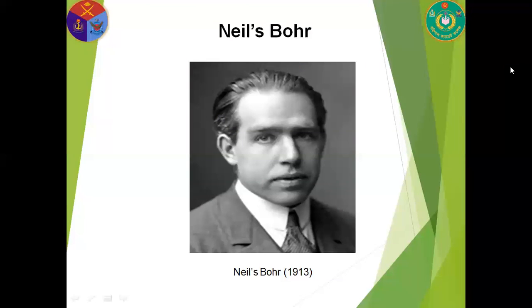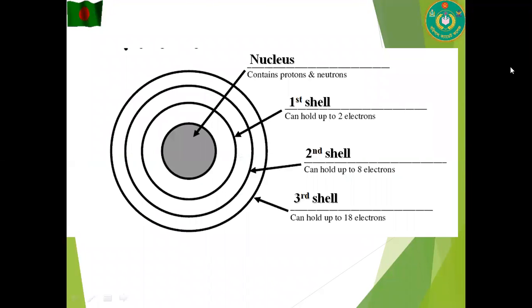So a developed atomic model was proposed by Niels Bohr in 1913. According to his model, there is a specific area around the nucleus where electrons are revolving. Here is the nucleus of an atom. First orbit, where electrons are revolving; second orbit; third orbit.